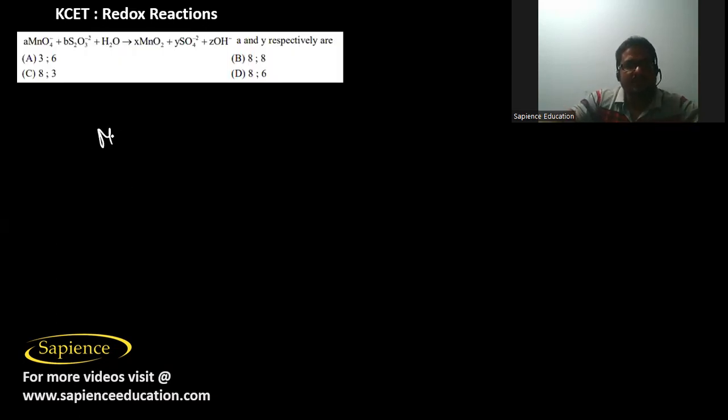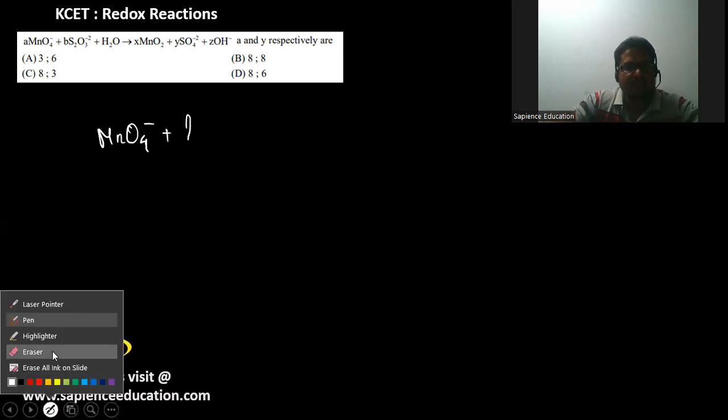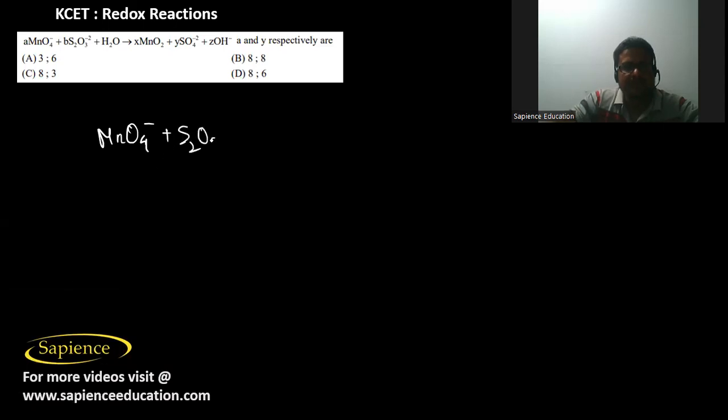Here it is told that we have to find the coefficients. So here MnO4 minus ion plus S2O3 2 minus ion plus H2O gives MnO2 plus SO4 2 minus plus OH minus.